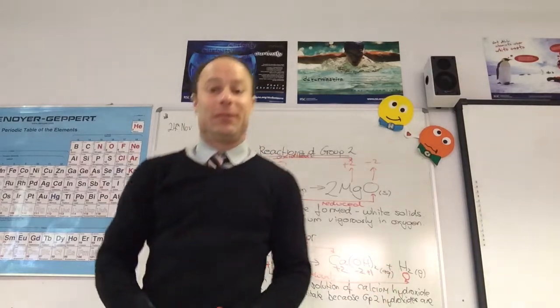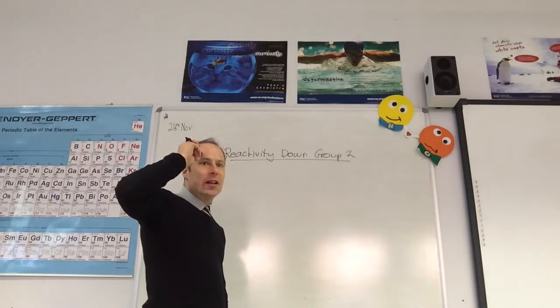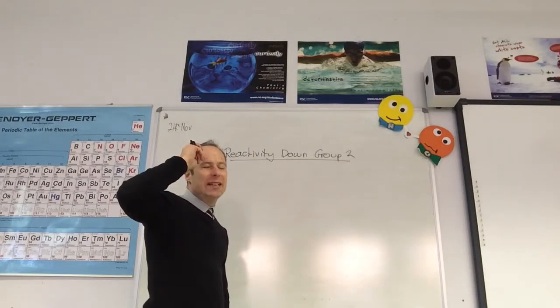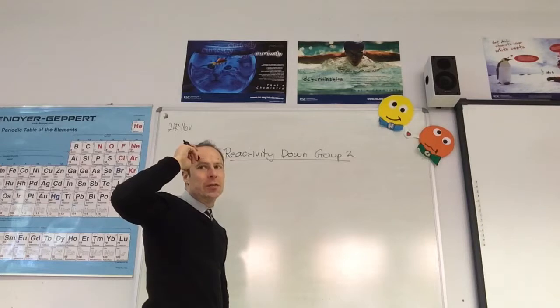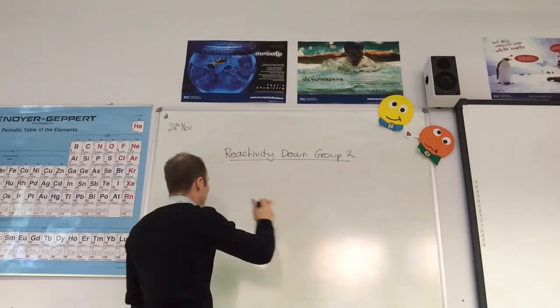So from what we've looked at today, think about ionisation energies and so on, how do we reckon reactivity is going to vary as we go down group 2? They're going to become more reactive because they're going to find it easier to lose electrons.